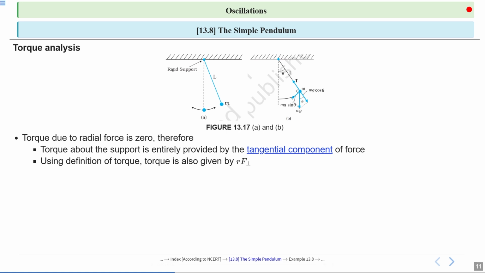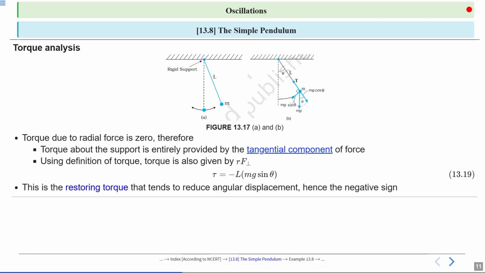So torque is equal to R into F perpendicular for a pendulum. R is the length of the string and F perpendicular is the tangential component of gravity. So here is the expression for the torque, tau equal to minus L mg sin theta.